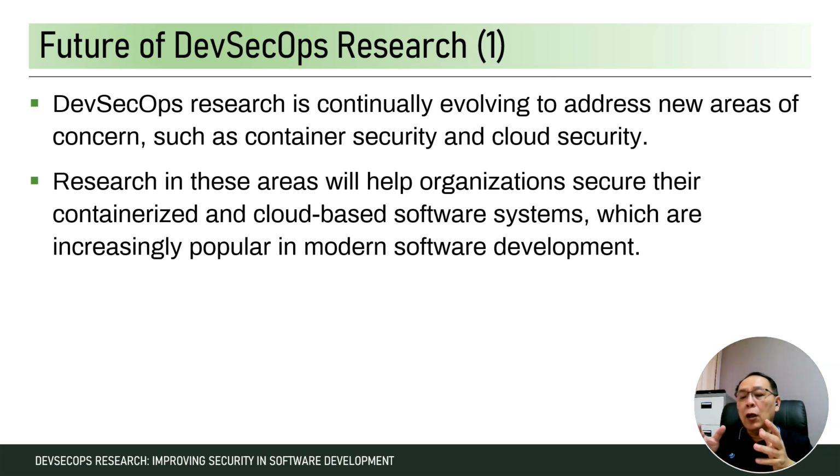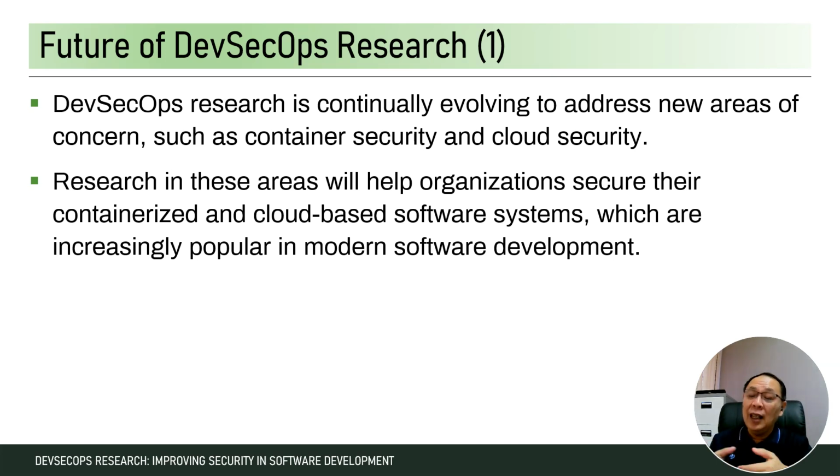So container security and cloud security are becoming very crucial for organizations. So you might think about doing research in this particular sub-area of DevSecOps. And research in this area will help organizations to secure their containerized and cloud-based software systems.